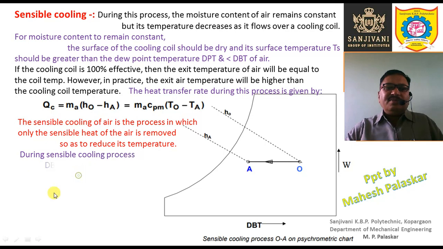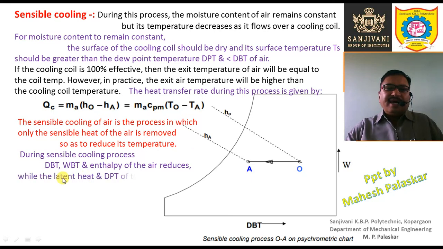During the sensible cooling process, dry bulb temperature, wet bulb temperature and enthalpy of the air reduce. Dry bulb temperature is reduced, wet bulb temperature of the air is also reduced, and thus the enthalpy is also reduced, because the sensible enthalpy is reduced, while the latent heat and dew point temperature of the air remain constant. There is no change in the latent heat, right.